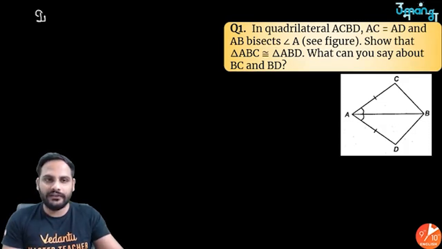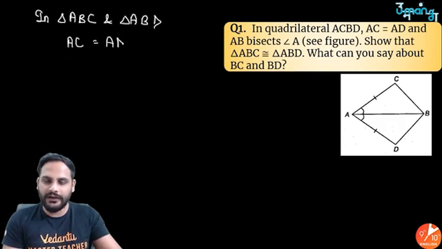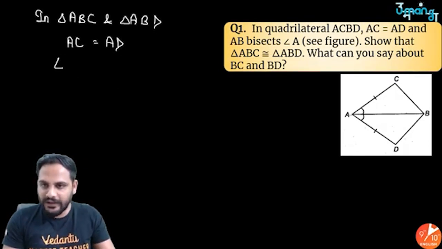So I can say, in triangle ABC and triangle ABD, by what is given to me, first thing, AC is equal to AD. Then this angle is also given over here: AB bisects angle A. That means this line AB is dividing this angle into two equal parts.